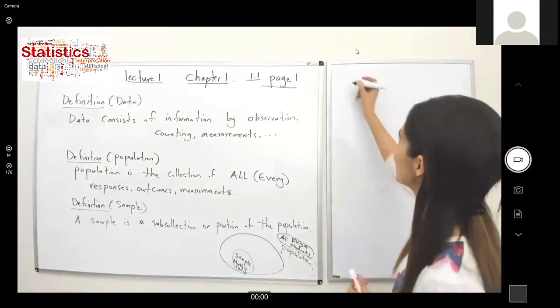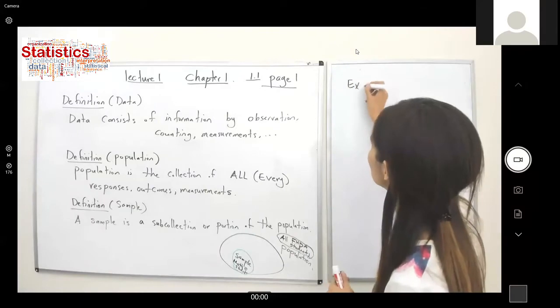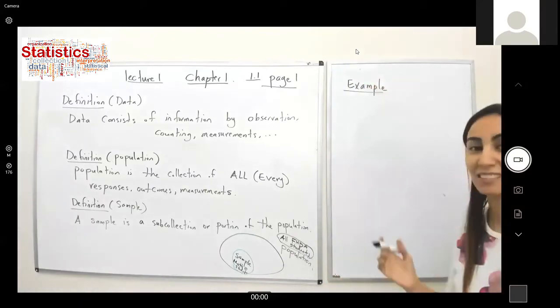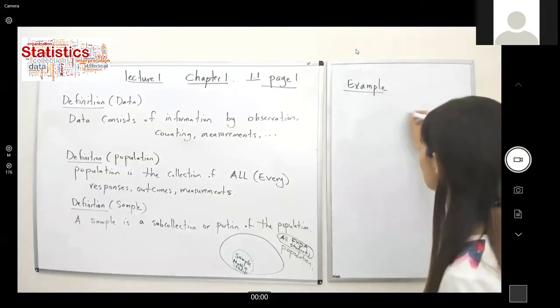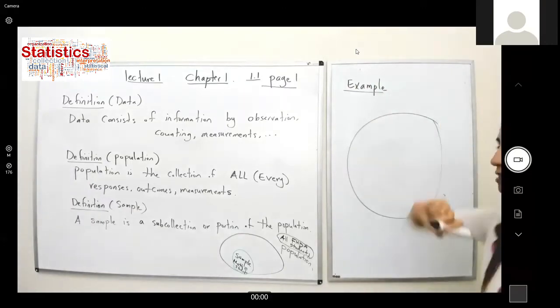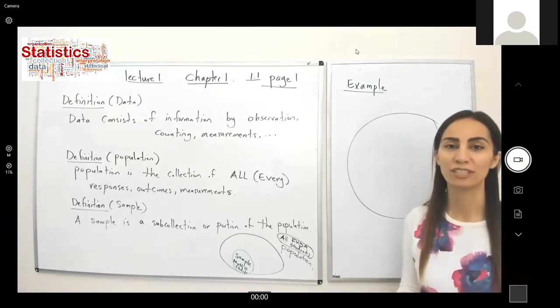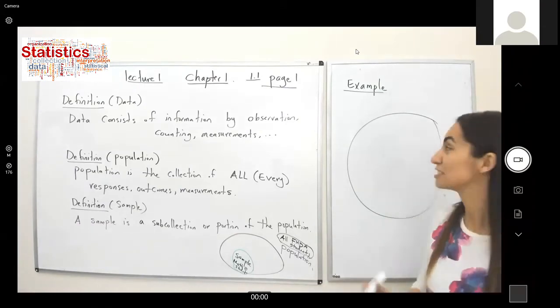So what is the population? What is the sample? The population is all small business owners in the United States.